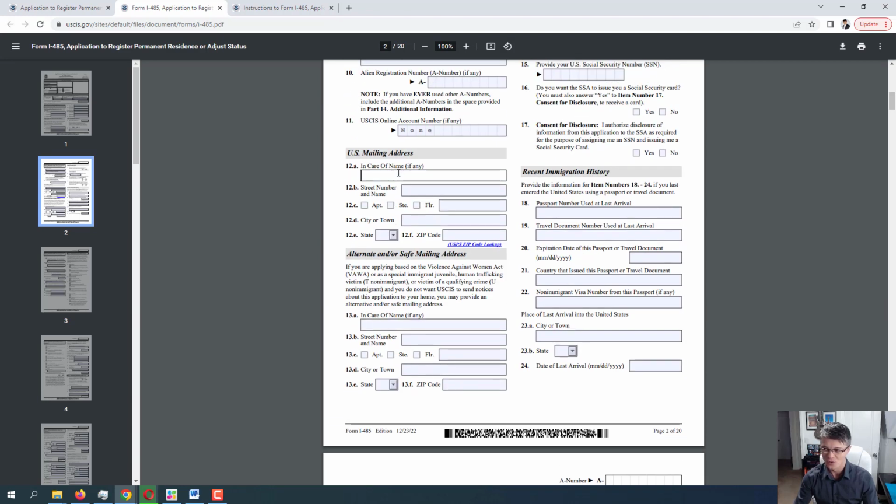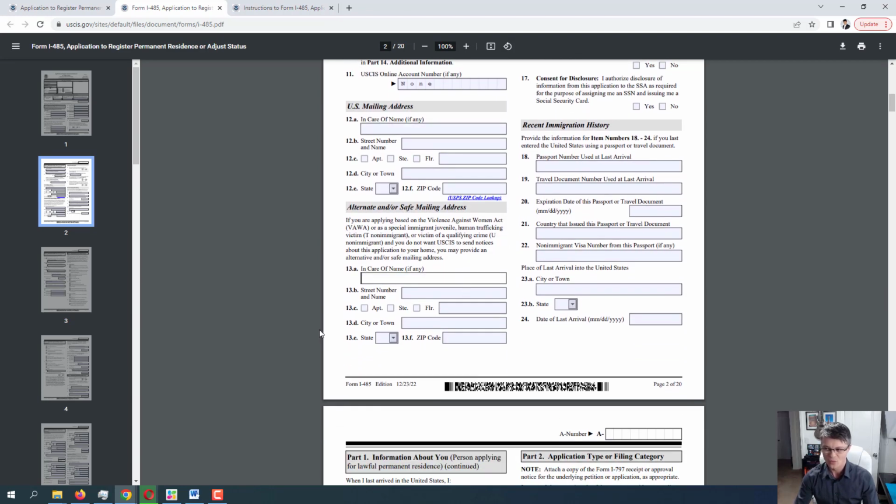Now, if this is your mailing address, but you kind of want to give one just in case for someone, for example, in VAWA, which is the Violence Against Women Act, which is basically one of those types of immigrant visas where you can file for a status based on being a victim of violence, domestic violence, and stuff like this.